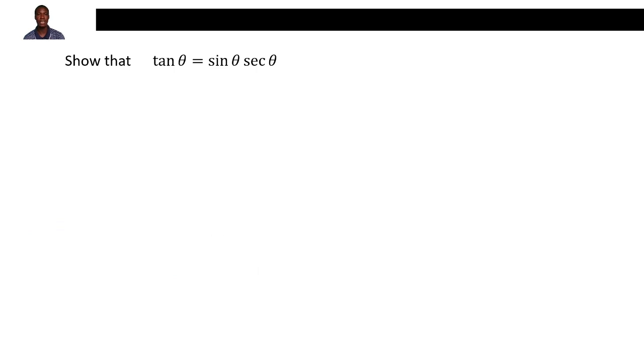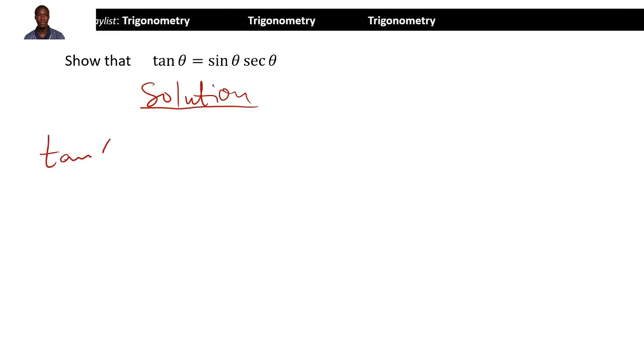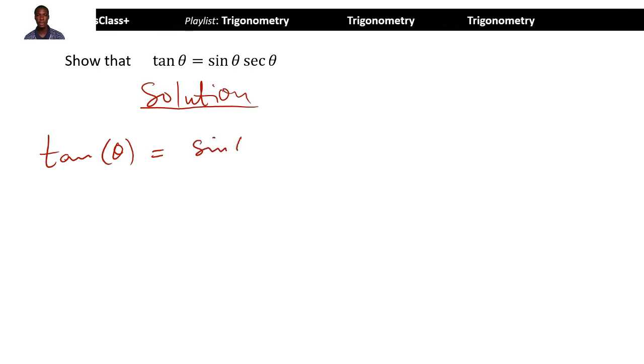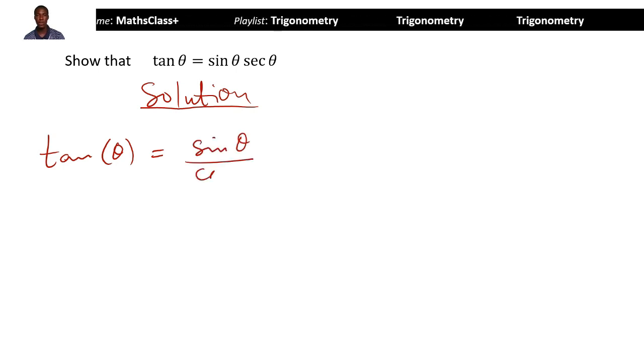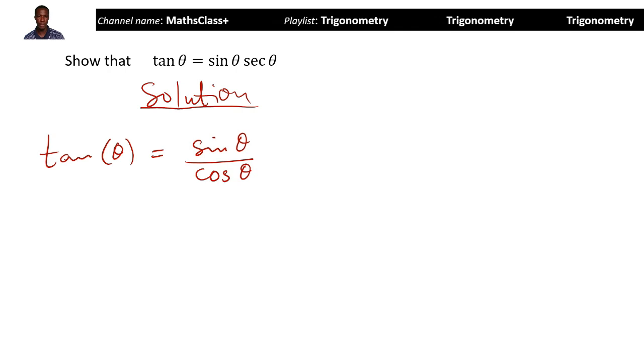Show that tan theta is equal to sine theta multiplying sec theta. Okay, solution. So we have tan theta to be equal to sine theta over cosine theta, if you remember.